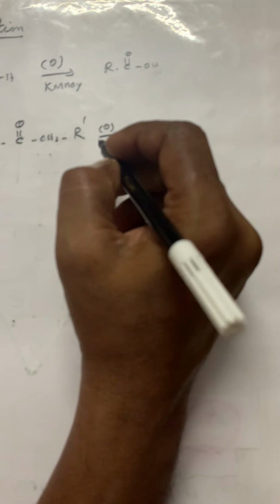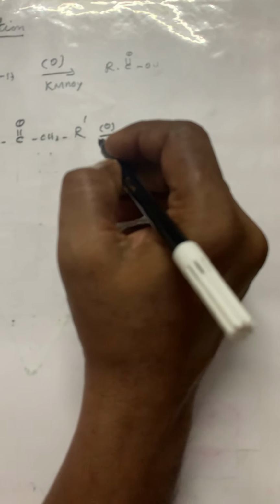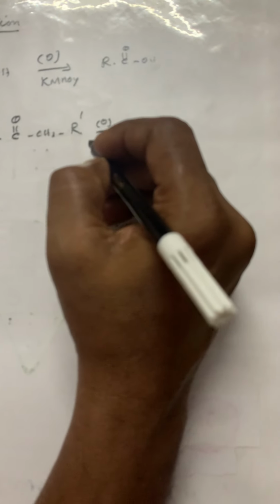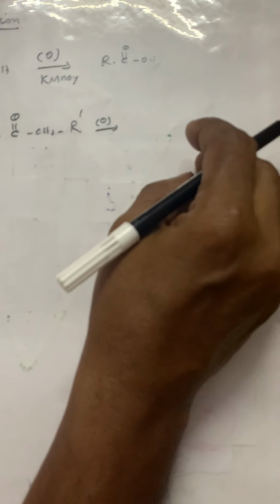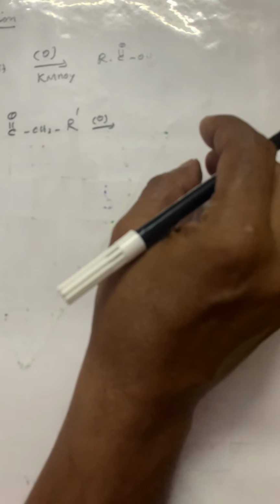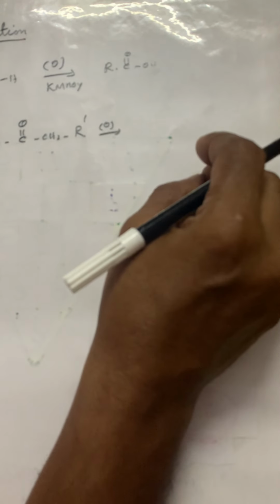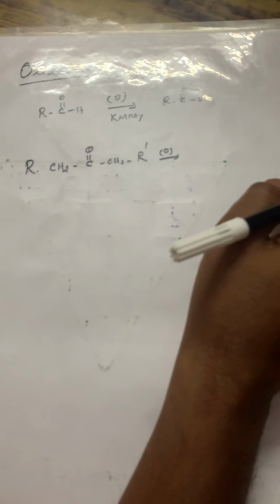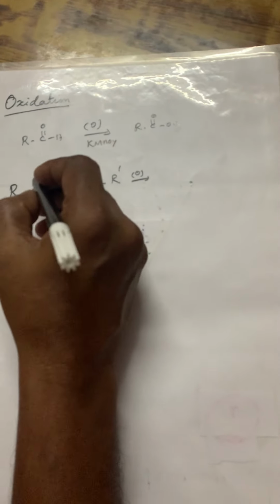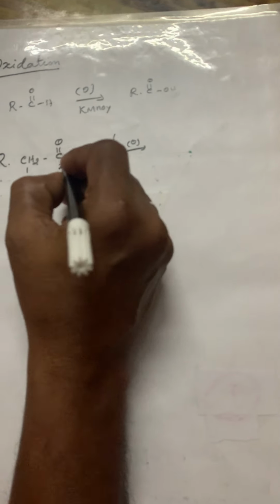It undergoes cleavage between carbon atoms also. So we will get carboxylic acids having a smaller number of carbon atoms than the parent ketone. Suppose you give a numbering 1, 2, 3.